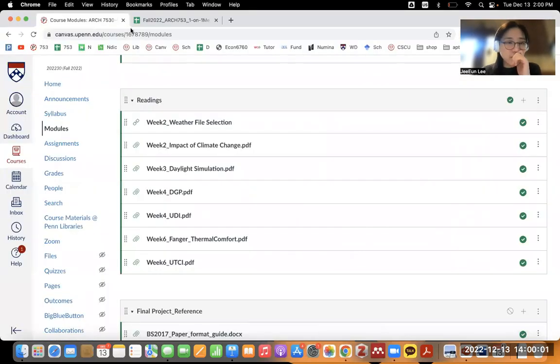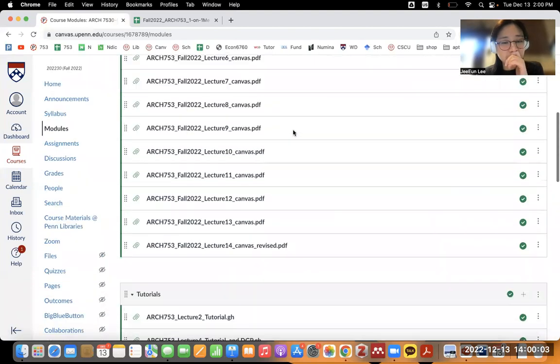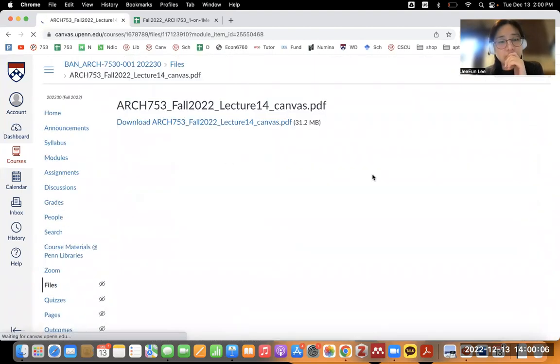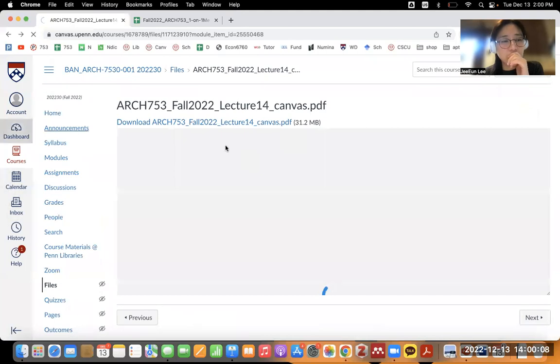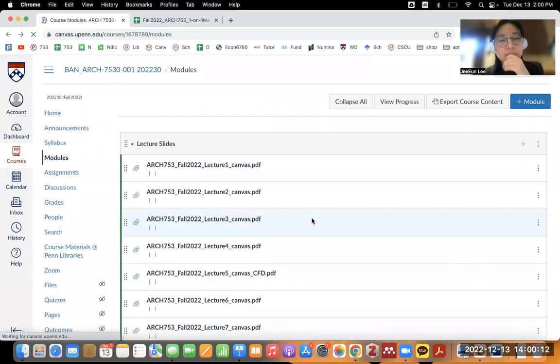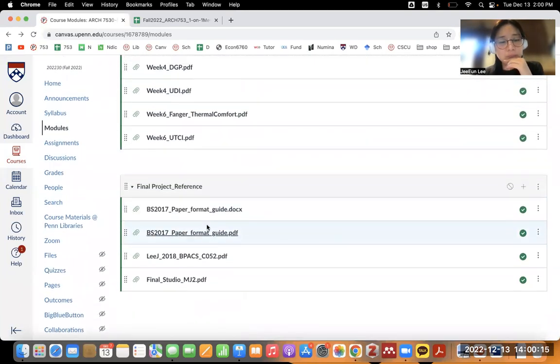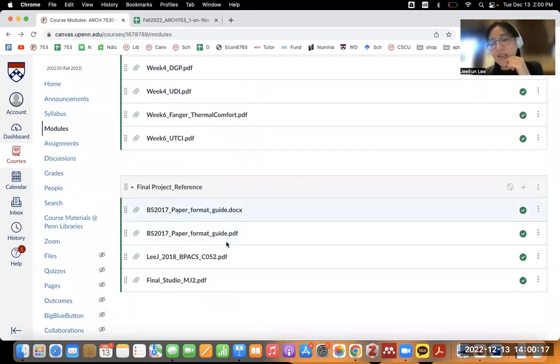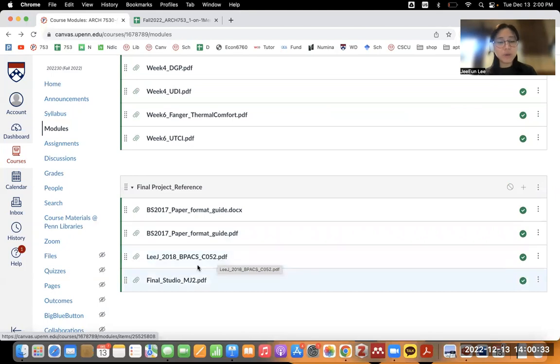And if you go to Canvas, here you can find the lecture slides that I just showed. If you go to modules and go to the bottom, here is the paper formats, and here is my writing example that I wrote and presented at a conference a few years ago based on my MEBD studio project.